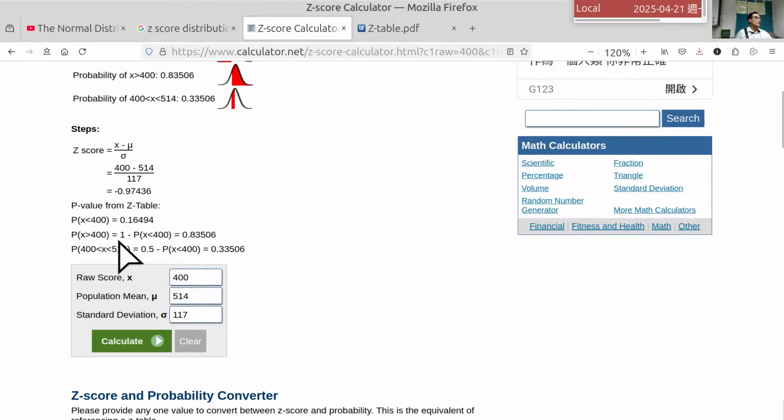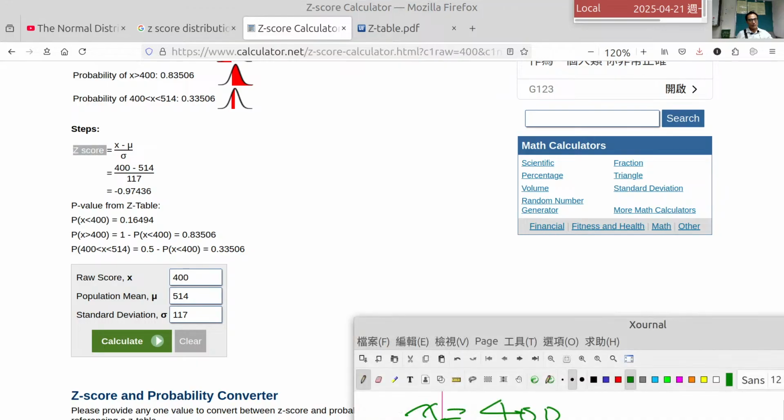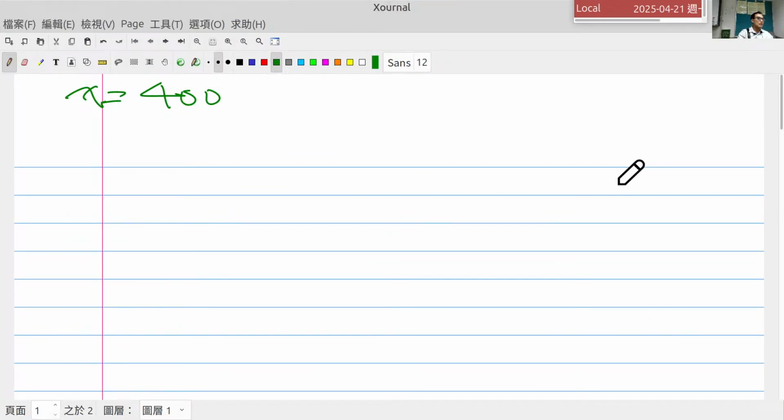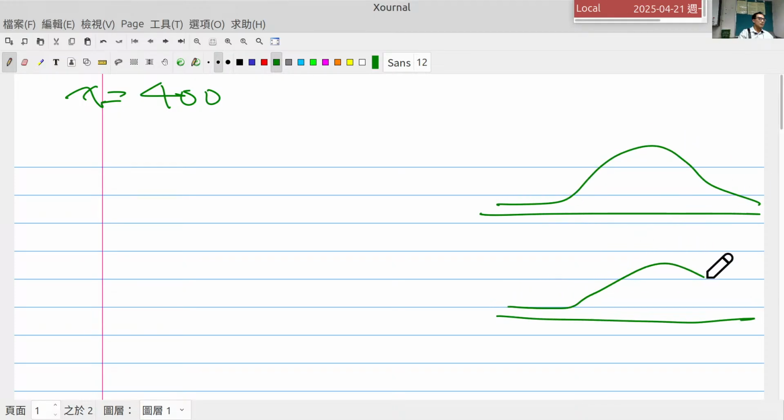But you don't know why. Because first, we need to transfer to the z-score here. Z-score, what does it mean? The relative location of 400. Here is 514, and the standard deviation 117, and 400 is here.